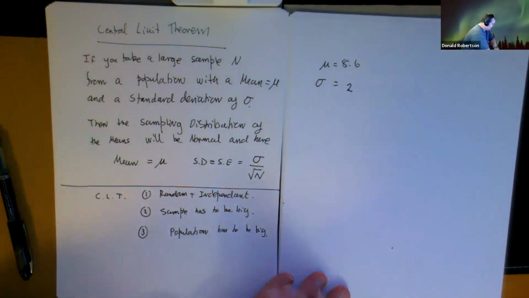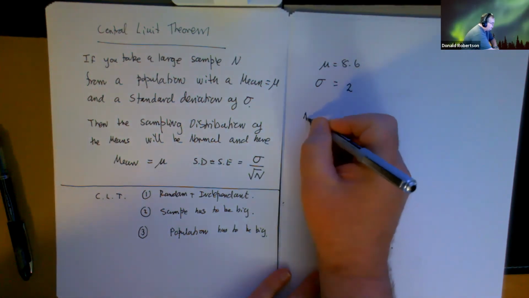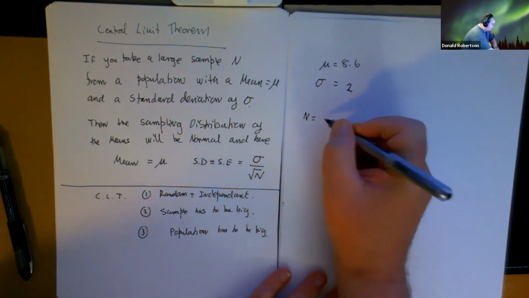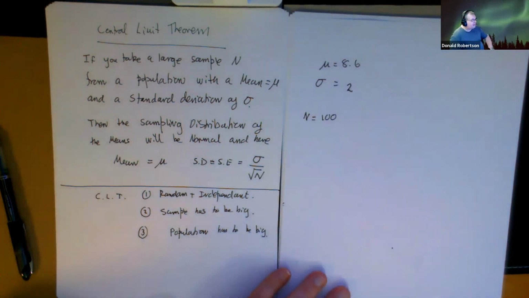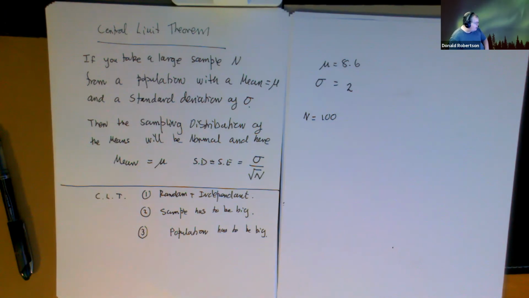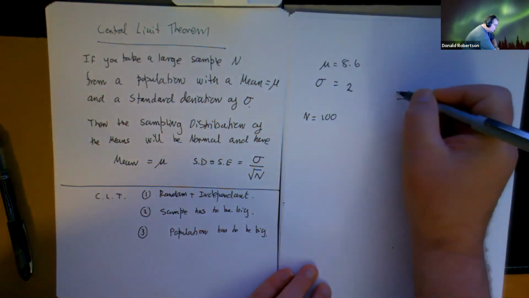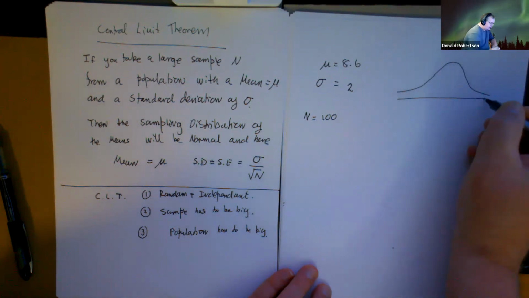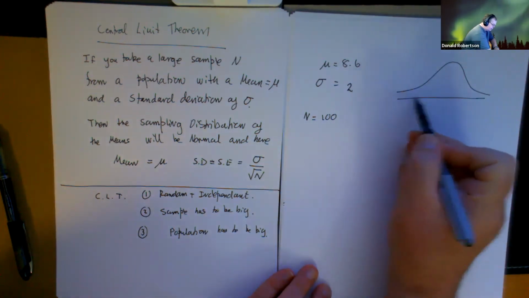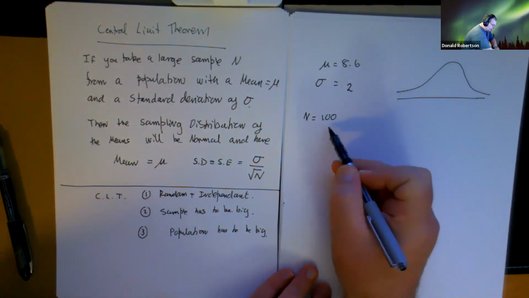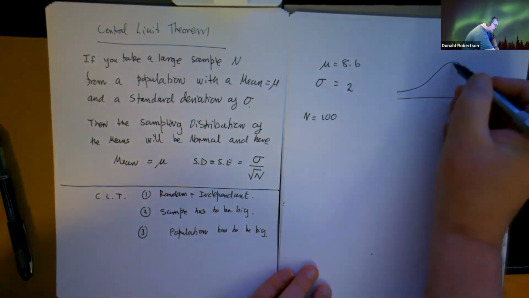Fair enough. Suppose we take a sample of 100 people, and then we conduct that 500 times. That's the shape that you would get. Imagine 500 times you did this. 100 people, 500 times.